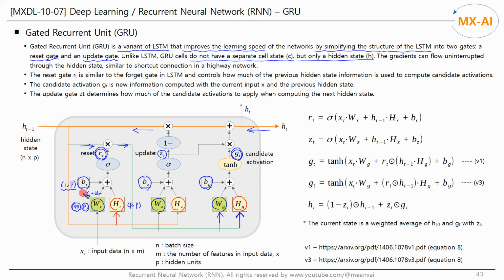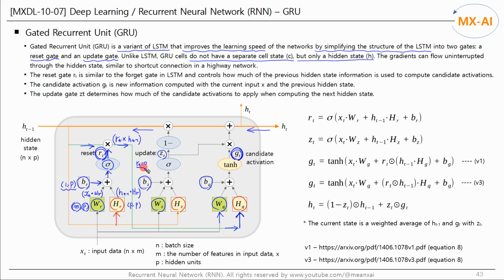XT and WR are multiplied together, and HT-1 and HR are multiplied together. And the bias is added. The sigmoid activation function is applied to this result, which is the output of the reset gate, RT. The product of RT and the hidden state HT-1 is used to compute the candidate activation vector.